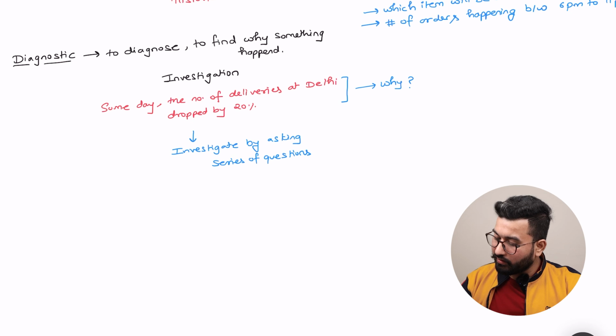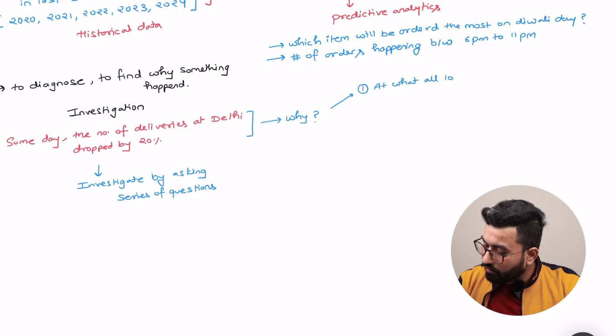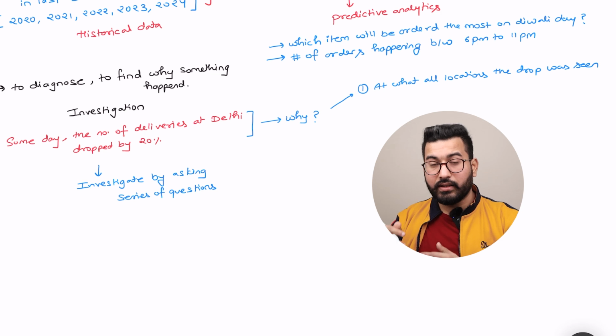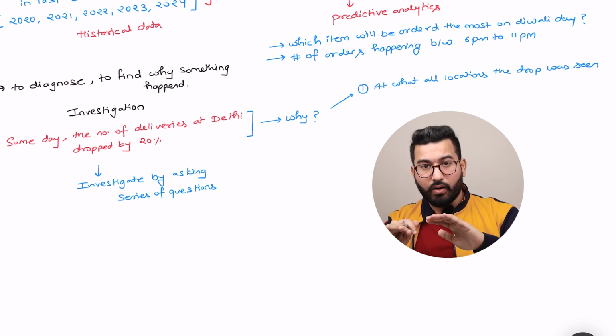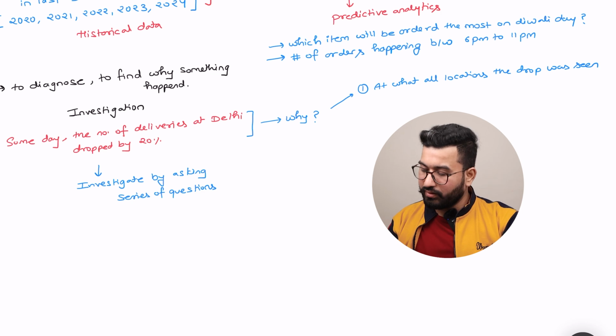For example, the first question you can ask is, at what all locations the drop was seen. So is the drop seen on all the locations of Delhi, or is it in specific locations?